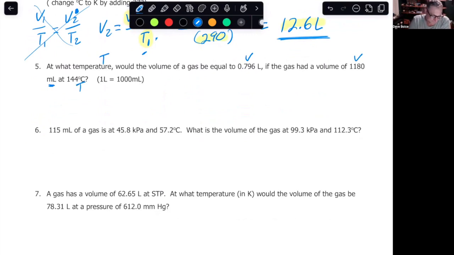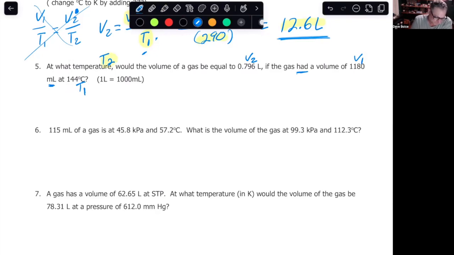Okay, so at what temperature would the volume of the gas be equal to the second volume? So this is V1 and this is T1, which makes this T2 and this V2, very important. And I want to know T2.